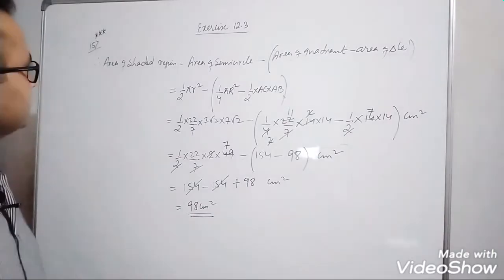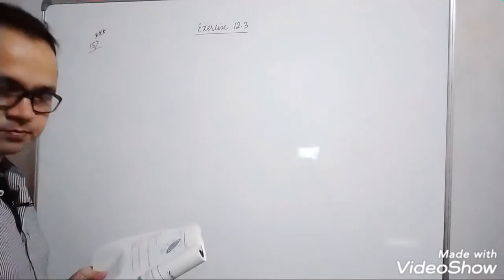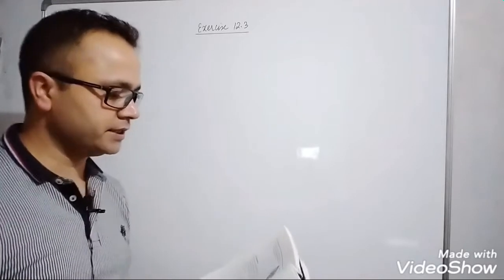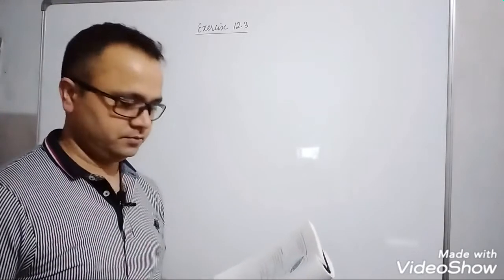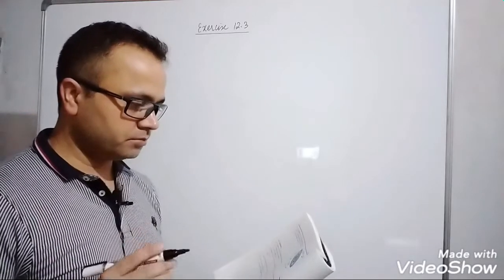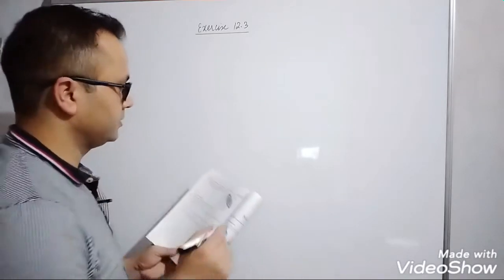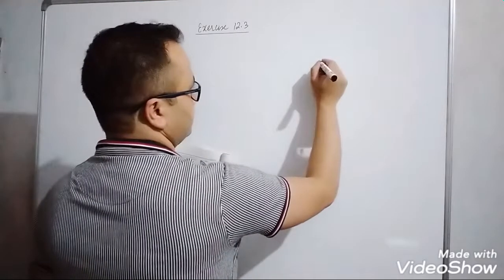Now move to question number 16. Okay, question number 16 is calculate the area of design resulting in the figure, common between the two quadrants of circle of radius 8 centimeter. Okay, there are two quadrants.